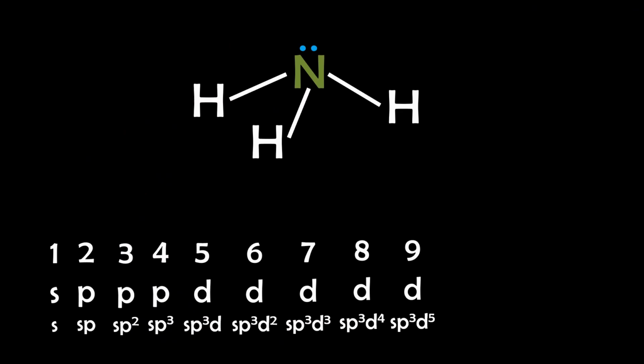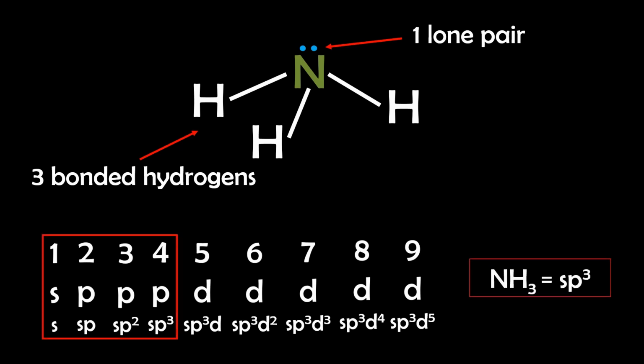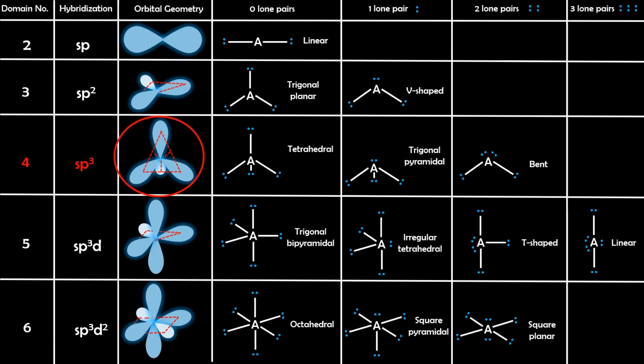Example 4, ammonia. Ammonia has 3 bonded atoms and 1 lone pair for a total of 4 electron domains. This also corresponds to the sp3 hybridization with this orbital geometry. The lone pair, however, slightly distorts the shape, creating a trigonal pyramidal geometry with bond angles of just less than 109.5.